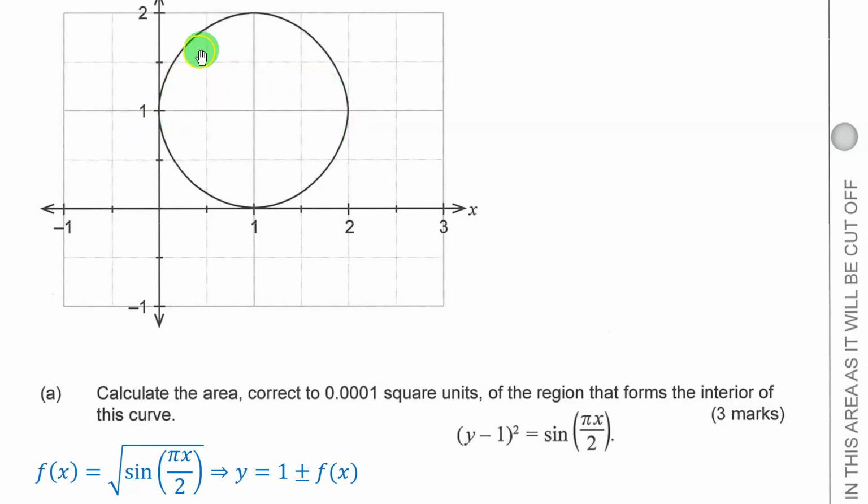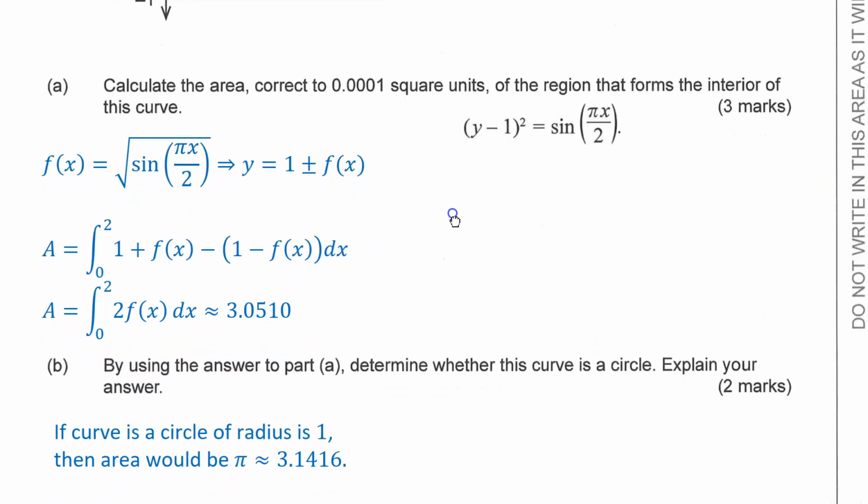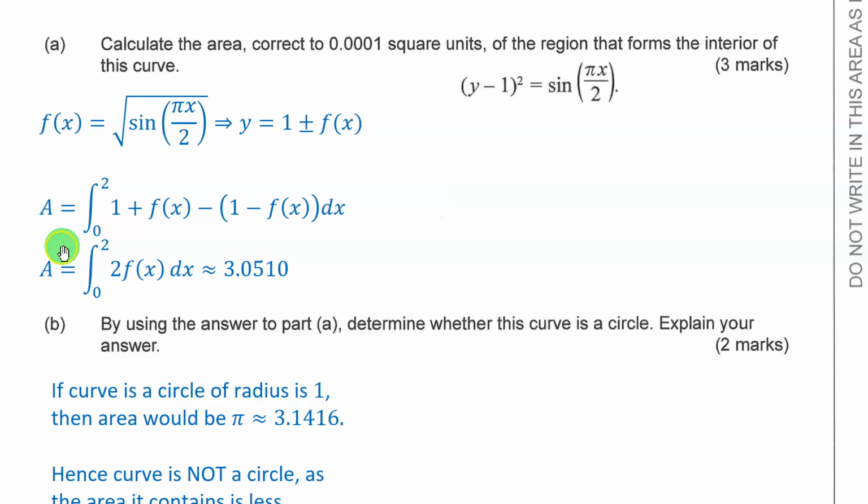So the area is the integral from 0 to 2 of 1 plus f of x minus 1 minus f of x. And of course, the 1's cancel out and we end up with 2f of x. That's going to be quicker than typing in some massive integral.